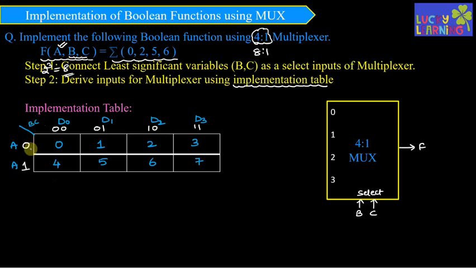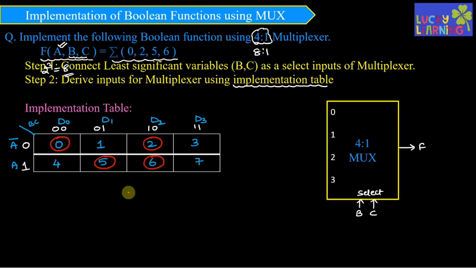The first row value of A is 0 means A is complemented. In the second row, the value of A is 1 means A is uncomplemented. Now, the next thing is we have to circle those minterms which are part of the function. 0 is part of the function. 2, 5 and 6 are part of the function.